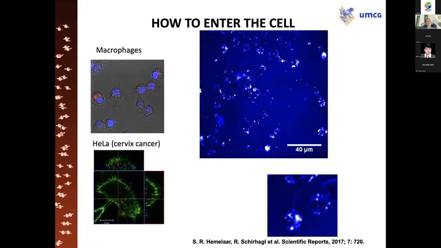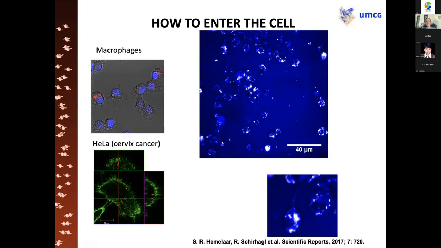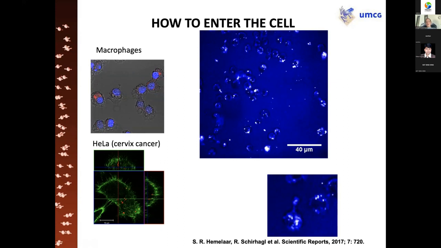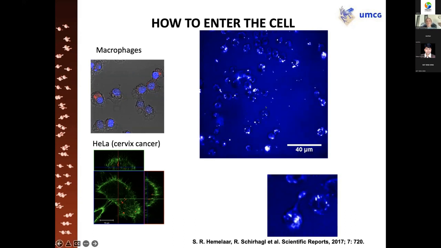But there are also a lot of other cells that take up particles, and there are also quite some cells that don't take up particles, but then you can use surface chemistry to make them pick up the particles, or there are also methods to deal with the cells. But in this case, what I will show today, we don't need it.